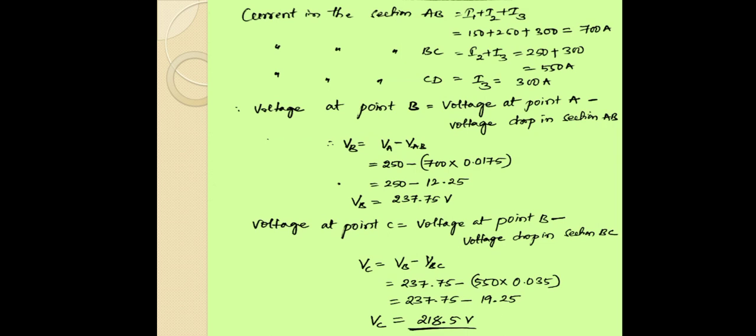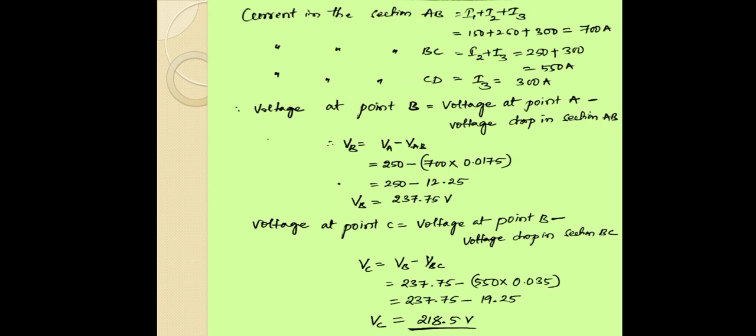Voltage at point B, you can remember this formula. Voltage at point B is equal to voltage at point A minus the voltage drop in section AB. This is important: VB is equal to VA minus VAB.